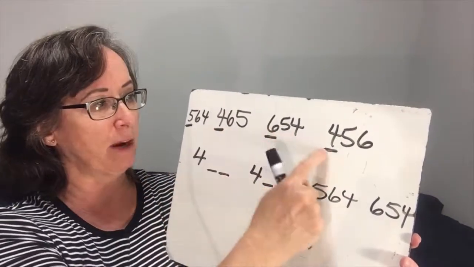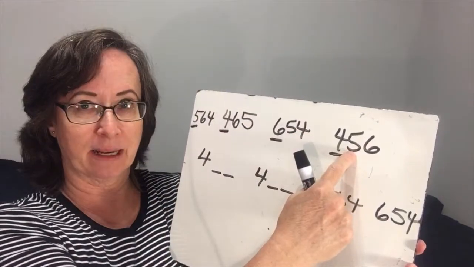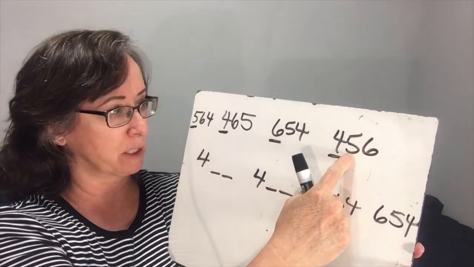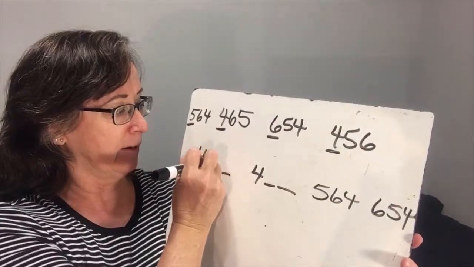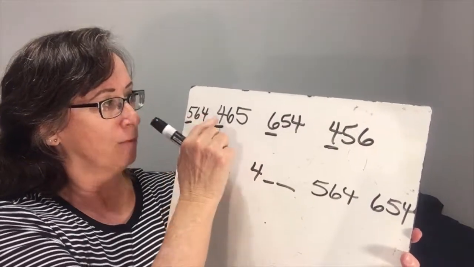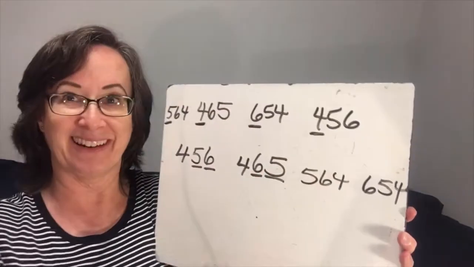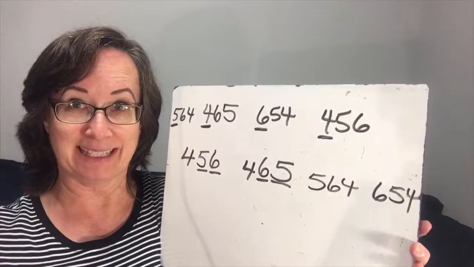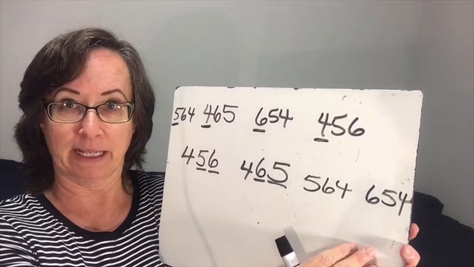So once we've compared the first number, then we look to the second number to tell which one is smaller and which one is greater. So we're going to put 456 here and 465 here, and we are done with that example. And we have the numbers in least to greatest order.